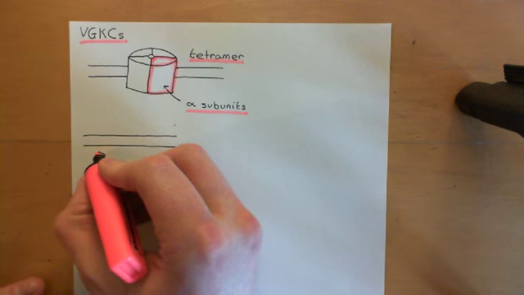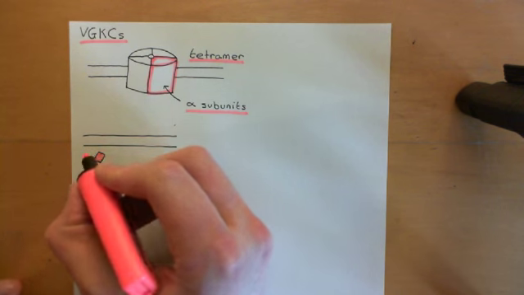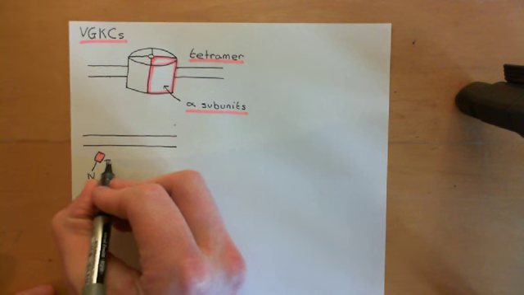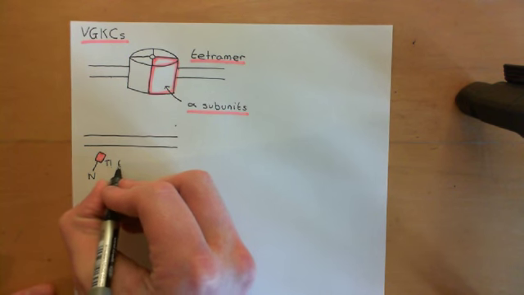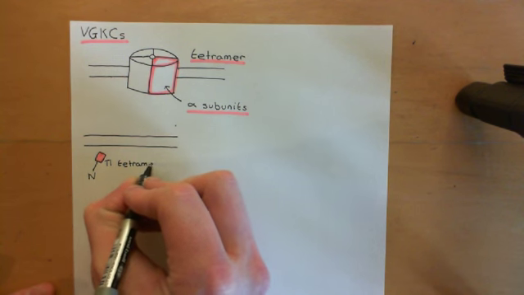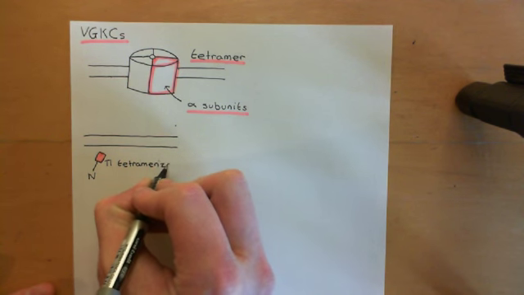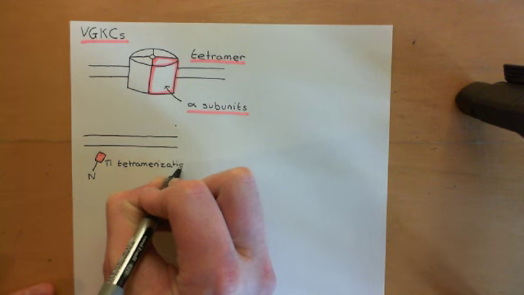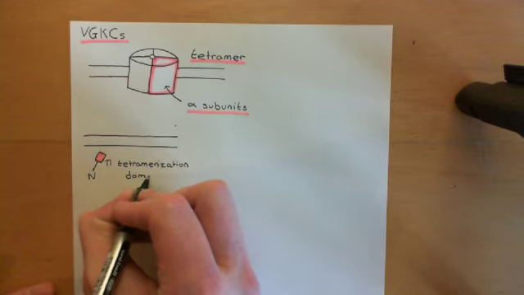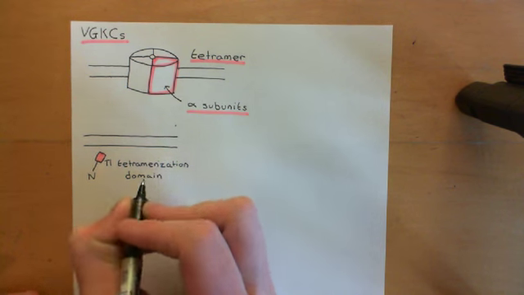This first key box, which I'll colour in red, is what's known as the T1 domain. Its full name is the T1 tetramerization domain, and that tells you what this domain is important for. It's important for holding the four alpha subunits together.